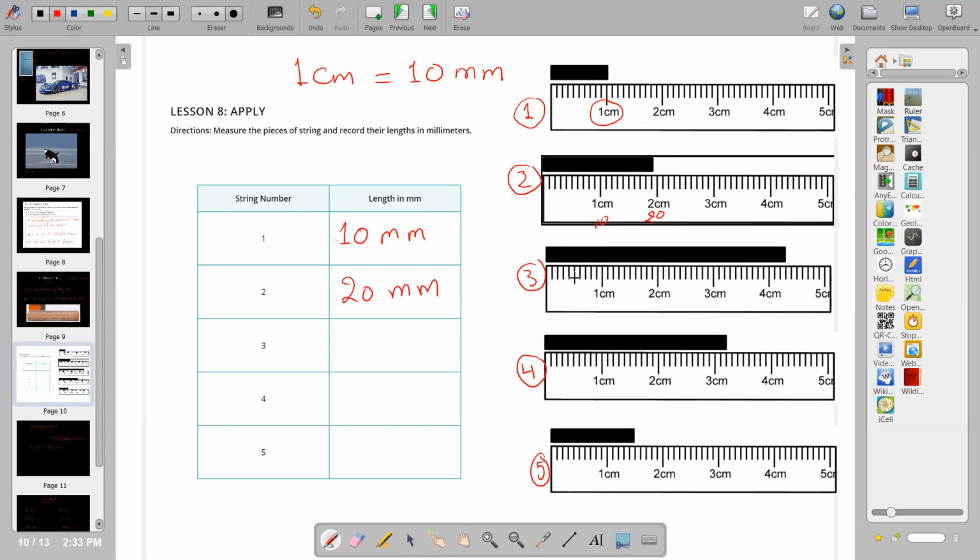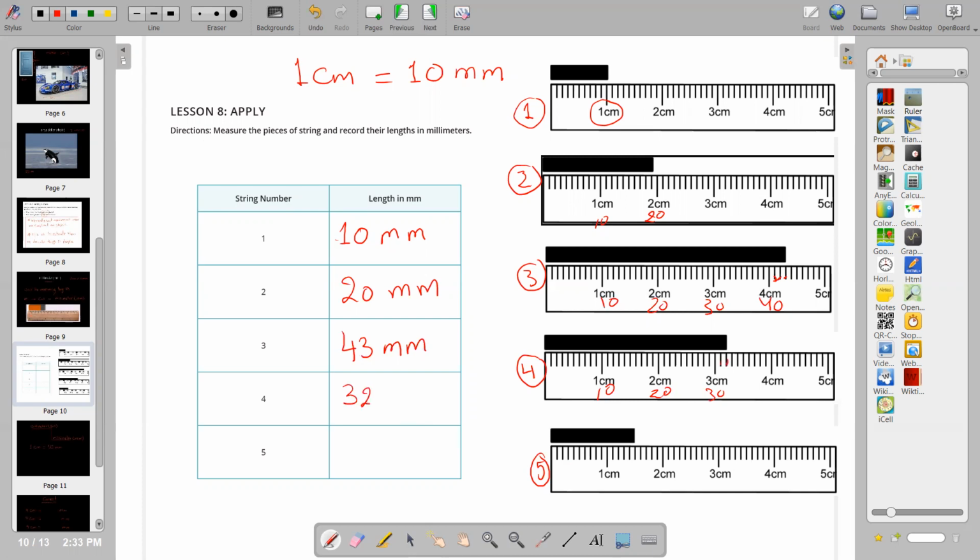Number 3: 0, 10, 20, we say 30, 40, 41, 42, 43. So this one is 43 millimeters. Number 4, we count 0, 10. This is 1, it means 10, 2 cm means 20, 3 cm means 30, 31, 32.